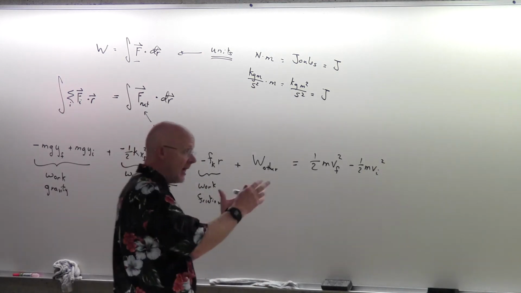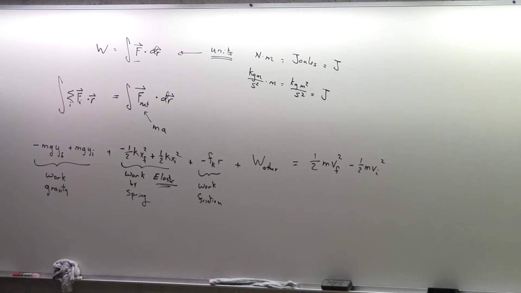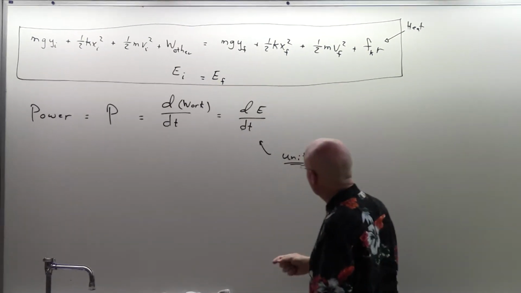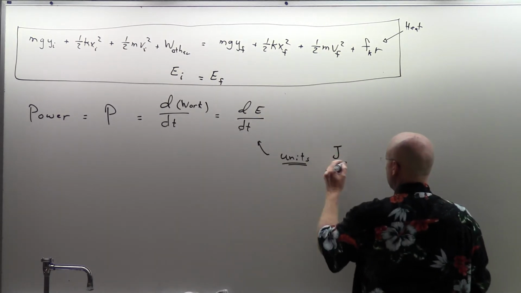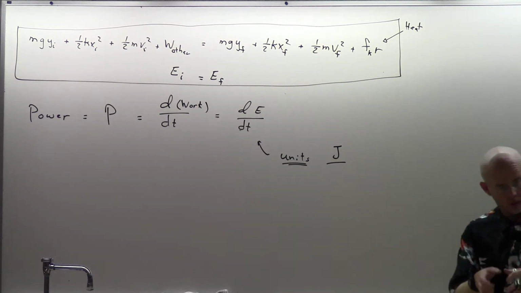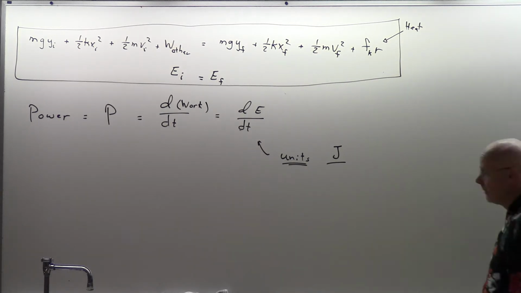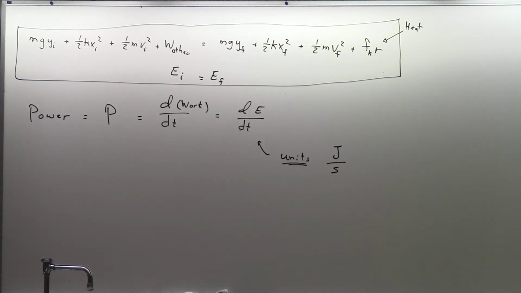So that being said, let's come over to here and ask, what would be the units for power? Well, what would go in the numerator? The unit for energy, right? Joule. What would go in the denominator? Seconds, right?